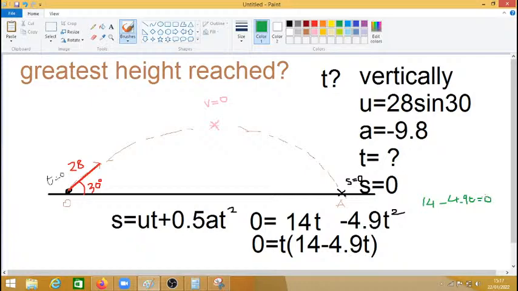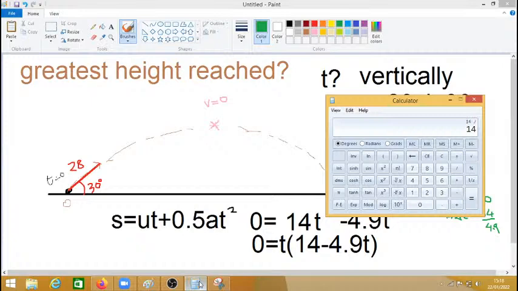So that would become 4.9t is equal to 14. And then divide by the 4.9. And that's your t. So let's type that in.